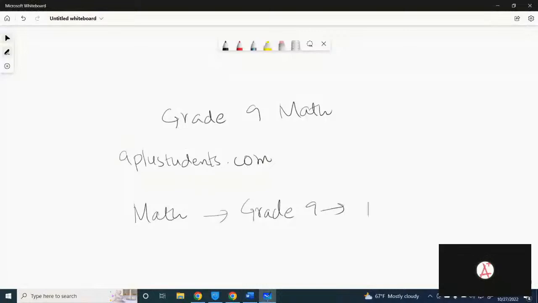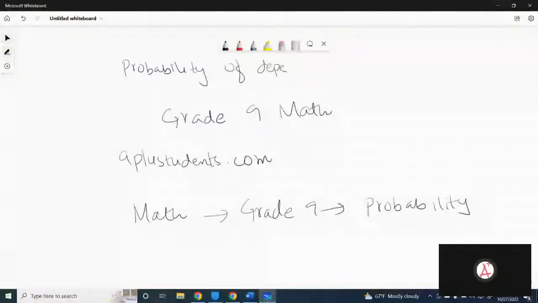We are already working on the chapter probability, so we're going to continue the same chapter. The topic we're going to start with is probability of dependent and independent events.